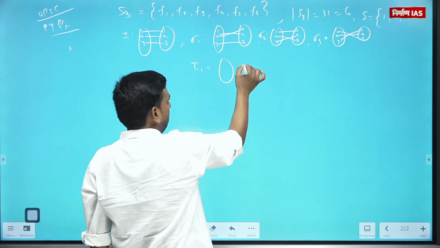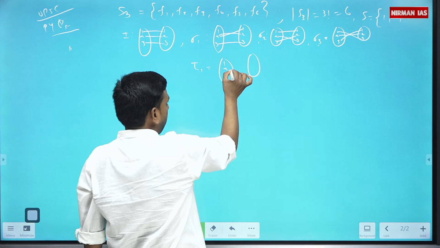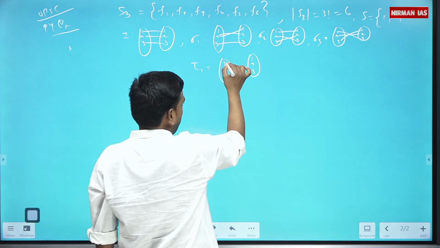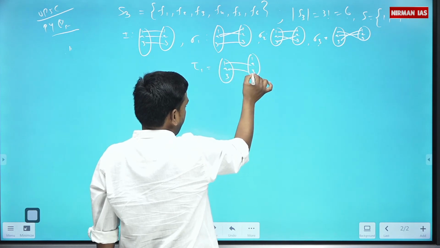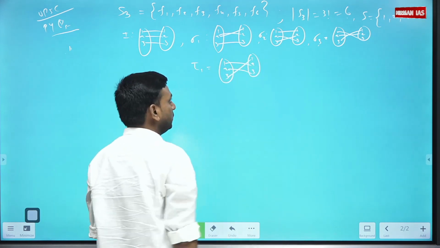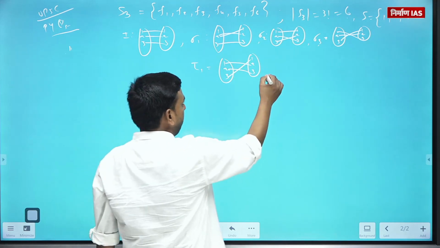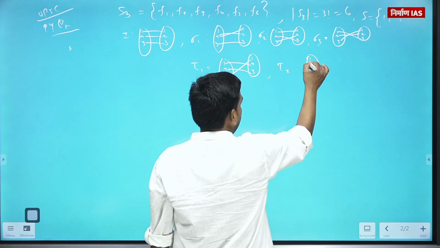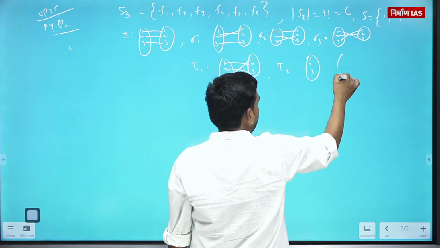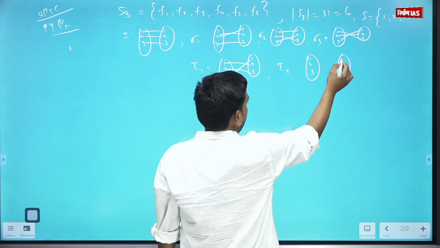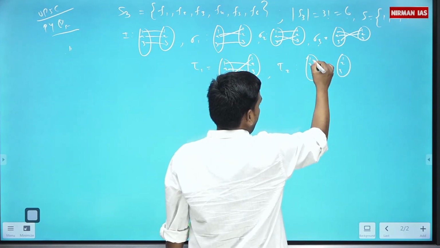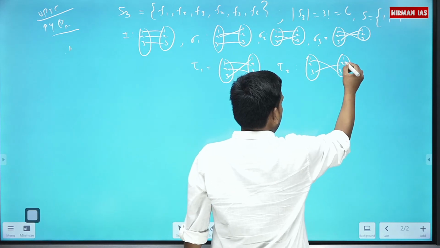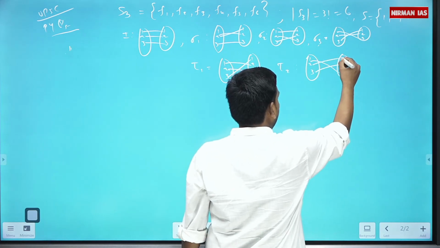Tau 1, where 1 is mapped to 2, 2 is mapped to 3, and 3 is mapped to 1. I will also define a function tau 2, where 1 is mapped to 3, 3 is mapped to 2, and 2 is mapped to 1.